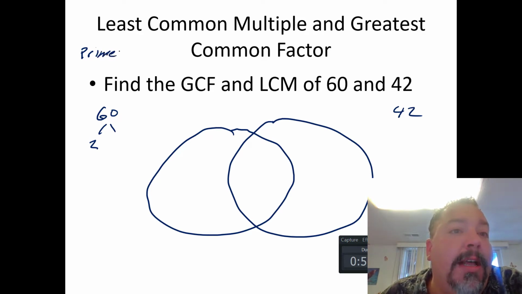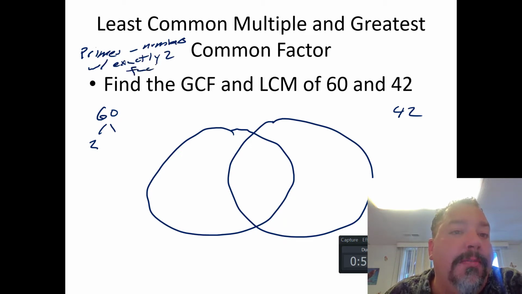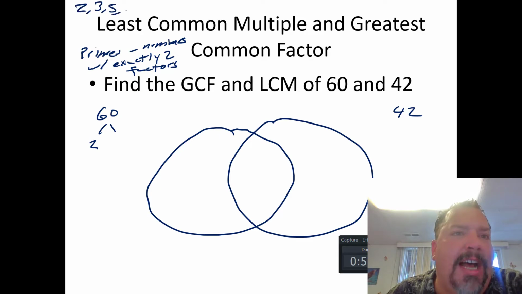Primes are numbers with exactly two factors. For example, 1 is not a prime because the only factor of 1 is 1. The primes would be like 2, 3, 5, 7, not 9, because 9 is 3 times 3 and 1 times 9.